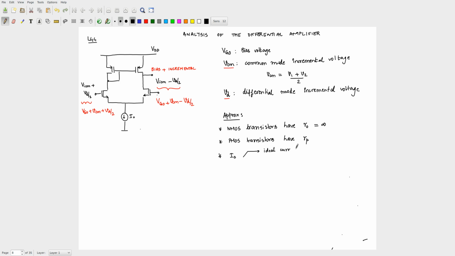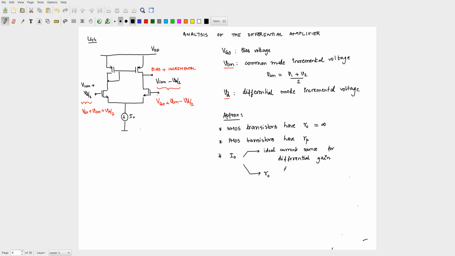when I am calculating the incremental output for the differential input, right? So this is an ideal current source for differential gain, and I will assume that it has some resistance R0.